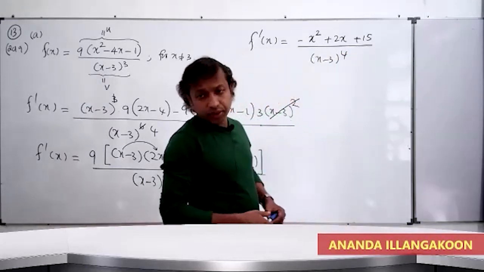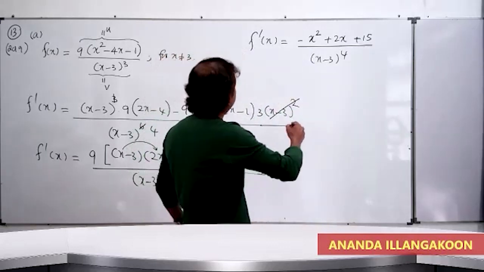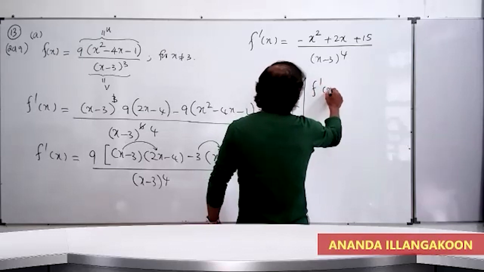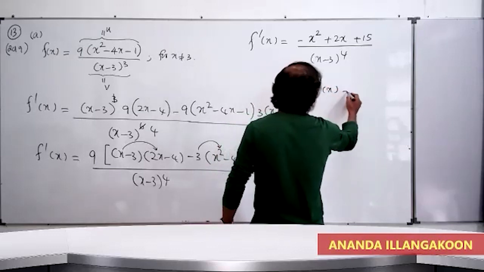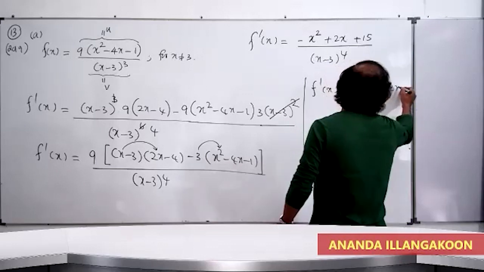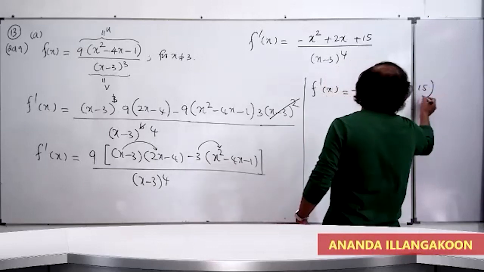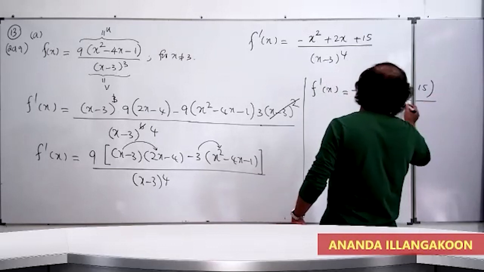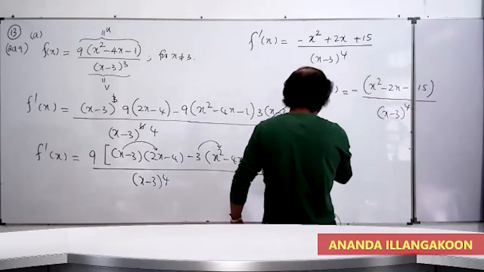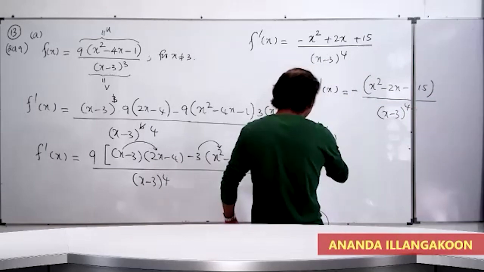We can take a minus sign out from the numerator. So take the minus sign out, and then you can factorize the rest. Now factorize this.